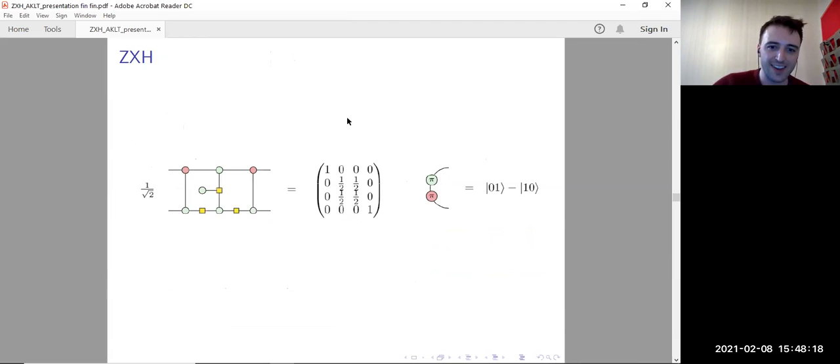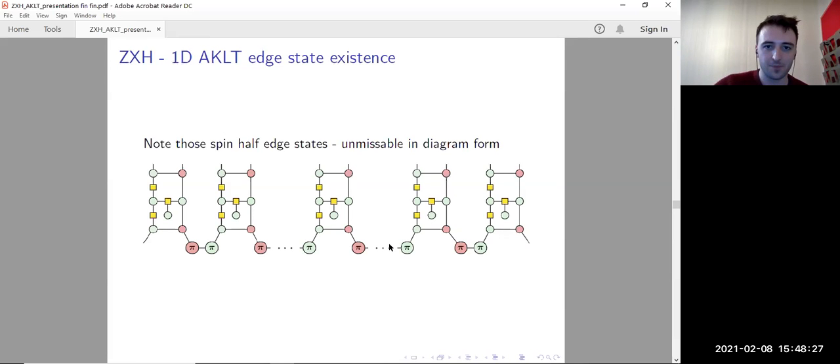Okay, so here are the key elements for this 1D AKLT state. You have the projector and you have the singlets. Notice when we put them together, we're going to identify immediately a key property that gets brought up about AKLT states, namely that they have spin half edge states, dangling degrees of freedom at the right and left side. Now, these are obvious from a ZXH perspective.